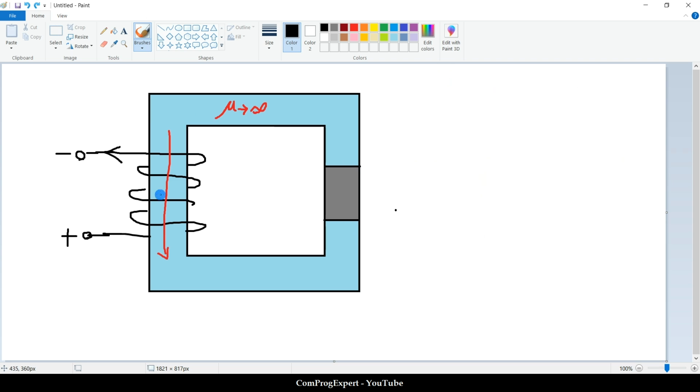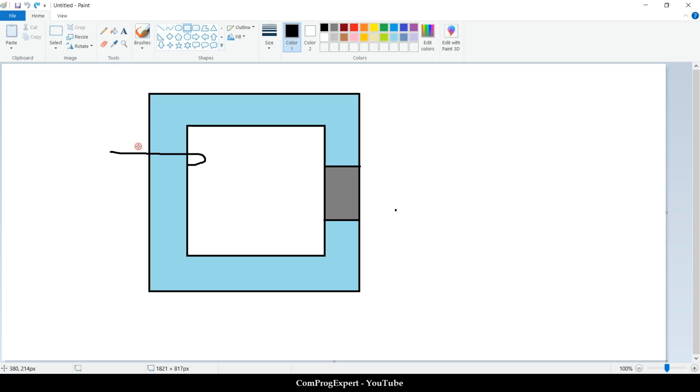Suppose we remove the coil now, okay, and I am going to just consider one air gap here instead of this coil.